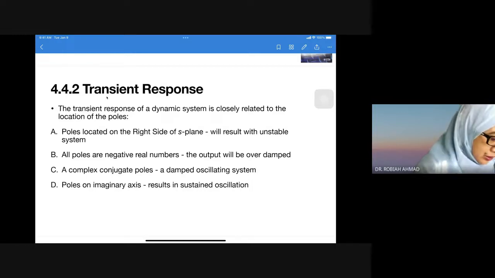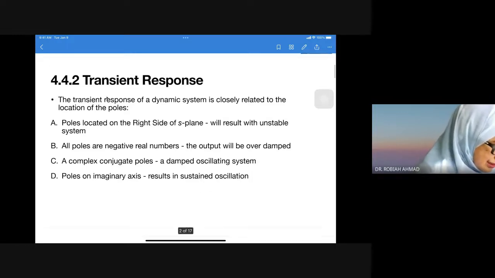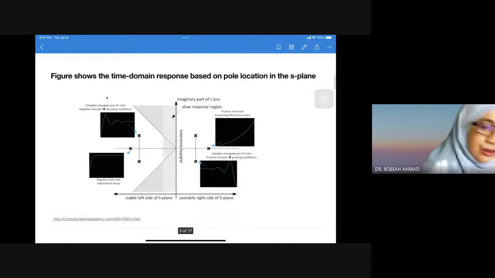So let us look at the figure that describes the conditions of all the things that we described earlier, where the location of the poles is. In this S-plane, we have 4 quadrants.